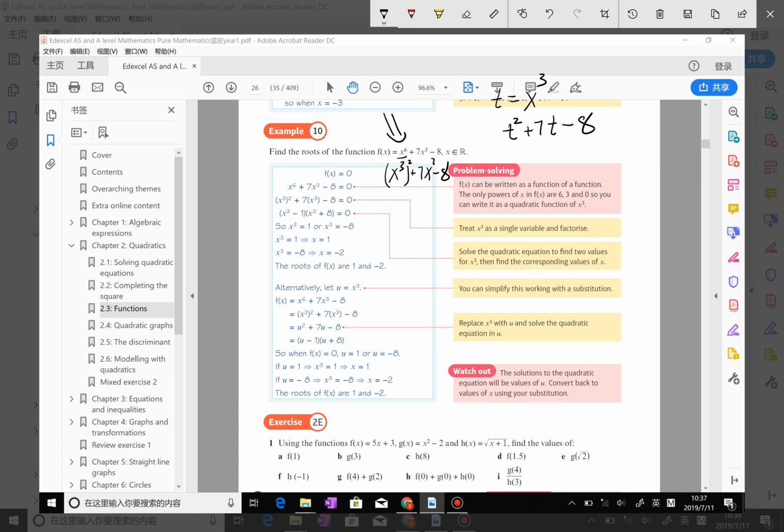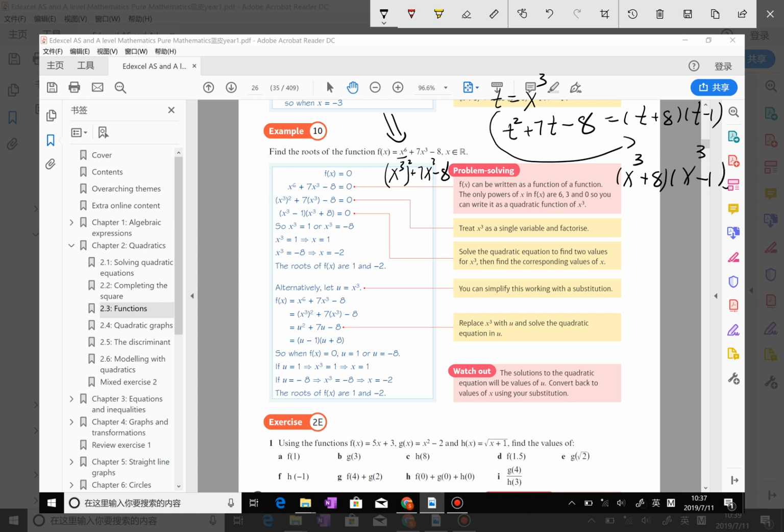Then we should be able to factorize it, so it becomes (t plus 8) times (t minus 1). Now we can change t back, so we have the answer (x cubed plus 8) times (x cubed minus 1).